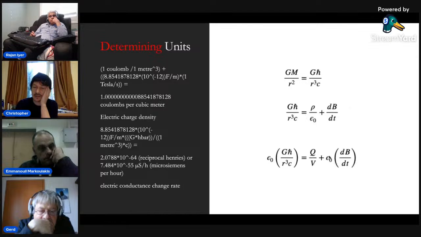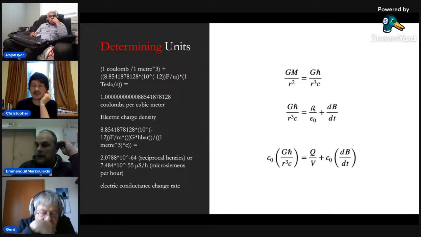Then we can multiply one side by the electric permittivity, and then we just have the charge density on top. So then we can break that up. But that was really as far as I could go with the equation.